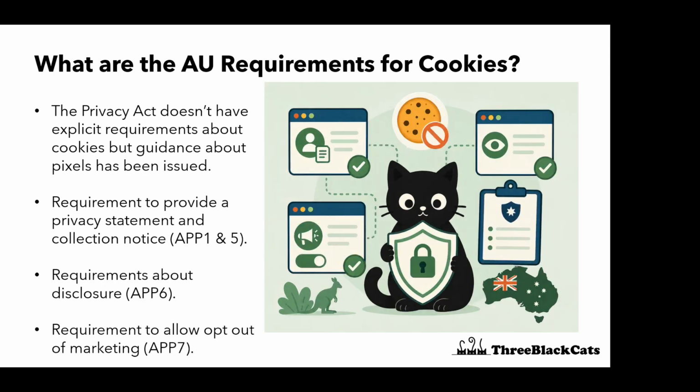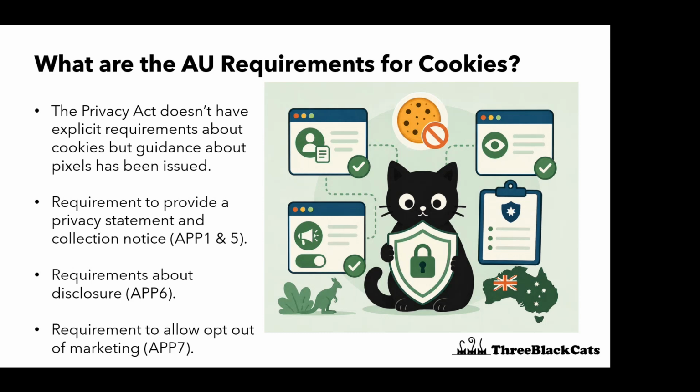Now, let's go a bit of a travelling. So let's go to Australia. In Australia, again, we don't have explicit requirements that say for cookies, it must do this. However, the Privacy Commissioner over in Australia has issued guidance about pixels and how they should be used. Those are not cookies, but that guidance pretty much stands for cookies too.